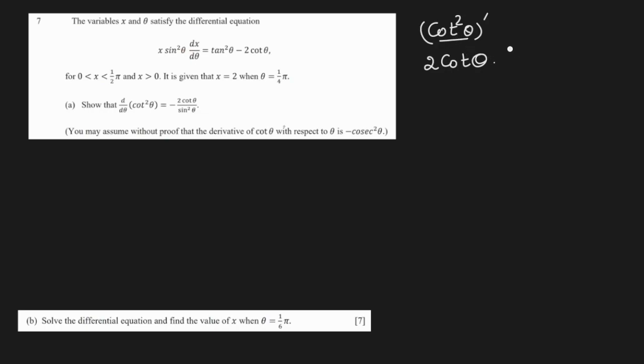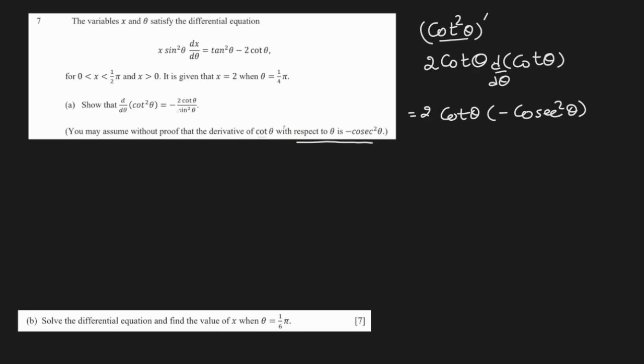But further, we will multiply by the differentiation of the base, which is cot theta in this case. And they've already said the derivative of cot theta is minus cosecant square theta. So it will be 2 cot theta times minus cosecant square theta.